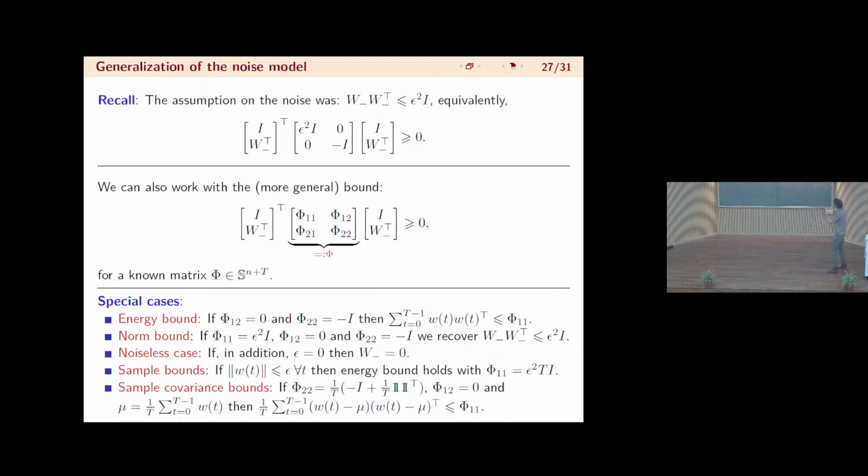In particular, you have to put phi 22 to be this matrix over here, phi 12 to be 0, and mu you take to be the sample mean, 1 over t times the sum of all the noise samples. Then you see that this matrix over here, which is called the sample covariance matrix, is indeed bounded by phi 11. So the conclusion is, by choosing this phi in a particular way, you can incorporate sample covariance bounds. It's just to give you some interpretation of what this noise model means and what kind of bounds on the noise you can incorporate using that.